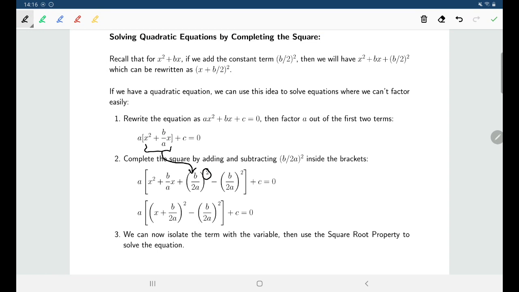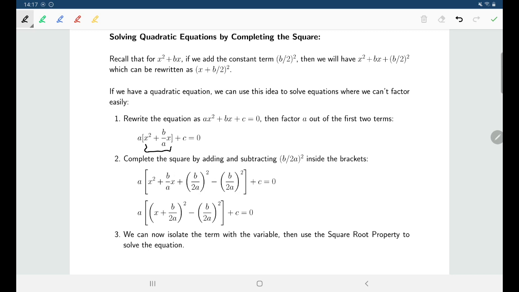So this is the completing the square part, where we take that coefficient of the x term, cut it in half, and square it. Now, if we're adding that into our equation, we'll have to balance that out by also subtracting it from our equation. And we always do it in that order, adding first, then subtracting after. So take our x coefficient, cut it in half, square it, we add that, and then we subtract that.